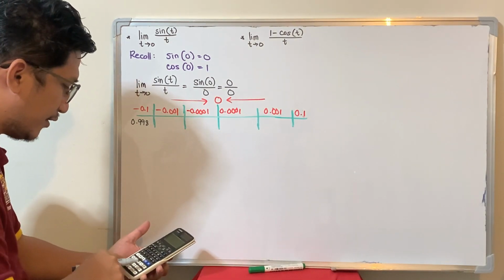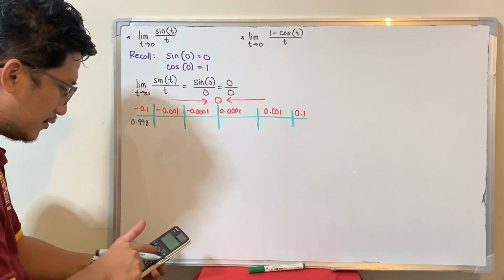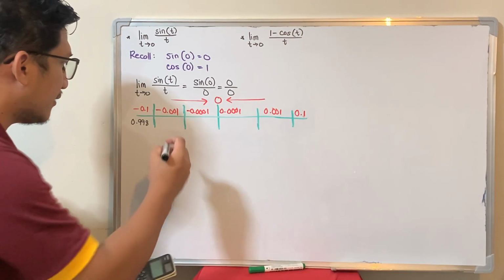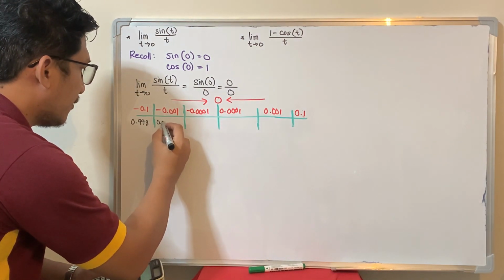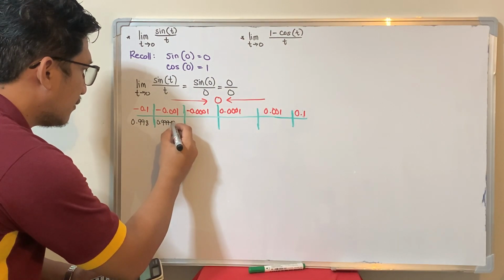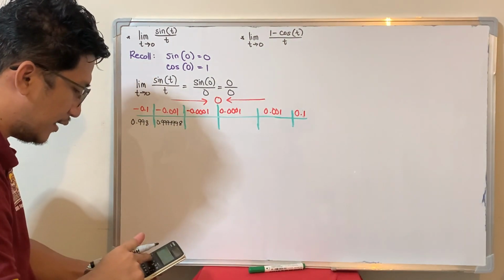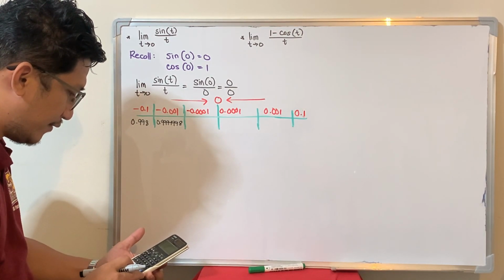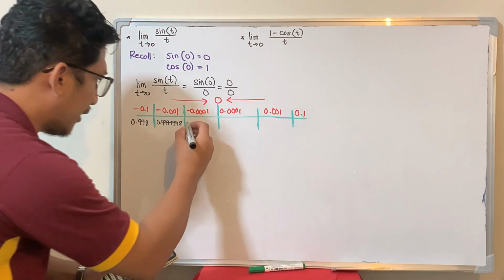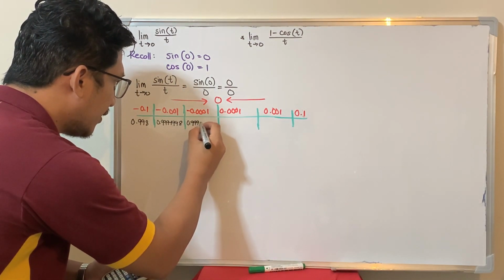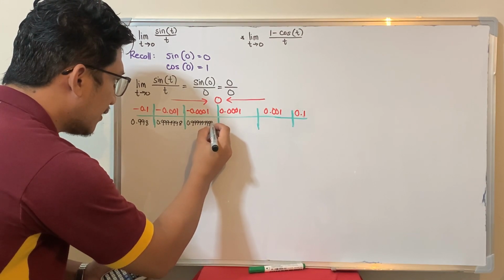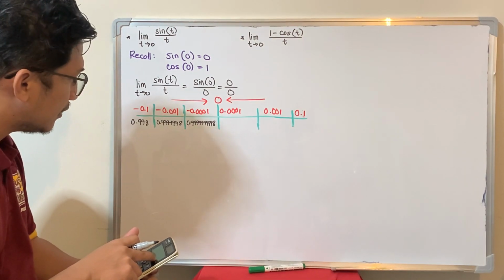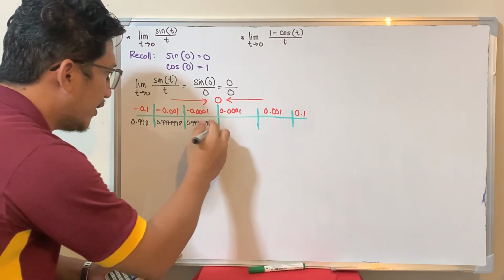If you move further to 0.001, it will have more 9s followed by an 8. The last one, with 3 zeros, has nine 9s and then 8. Okay, so that is the result.